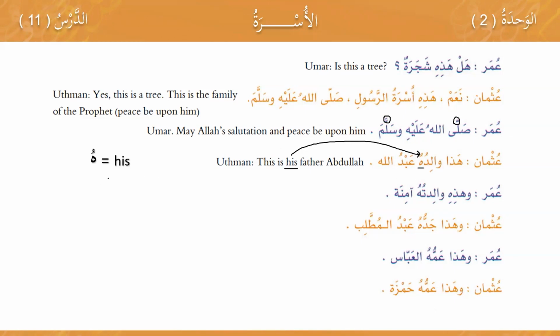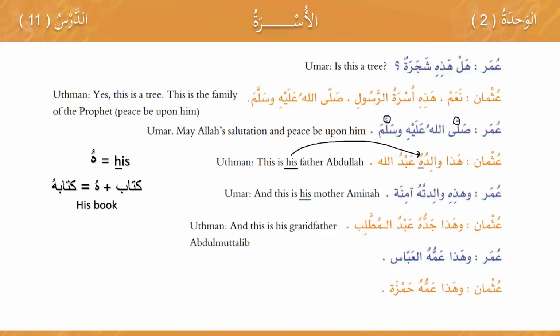As you can see over here, hu means his. For example, you say kitabuhu. We have kitab plus hu, so kitabuhu means his book. وهذه والدته آمنة, and this is his mother, Amina. And similarly, Uthman says وهذا جده عبد المطلب, and this is his grandfather Abdul Muttalib.